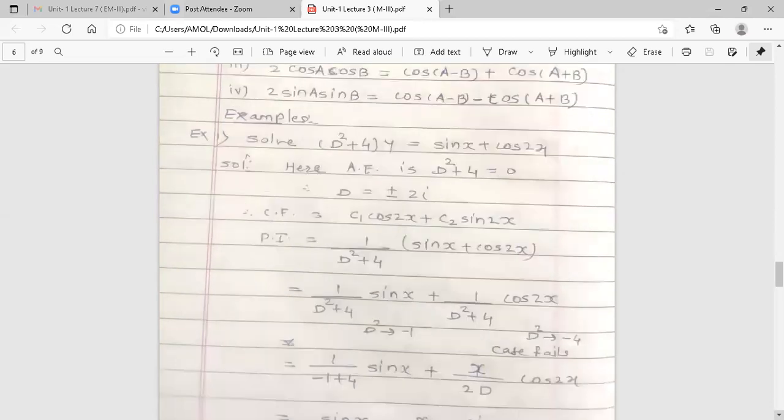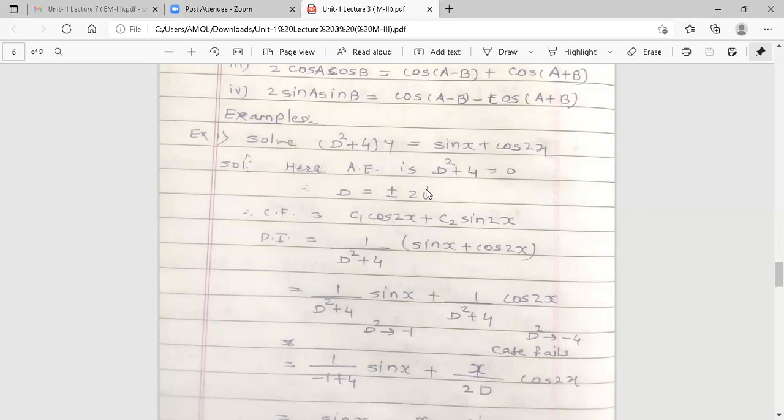Now the examples here. Solve (D square plus 4) y is equal to sin x plus cos 2x. Here it is the reduced form of LDE, and the auxiliary equation is D square plus 4 equal to 0. It is a quadratic equation, D square plus 4 is equal to 0.